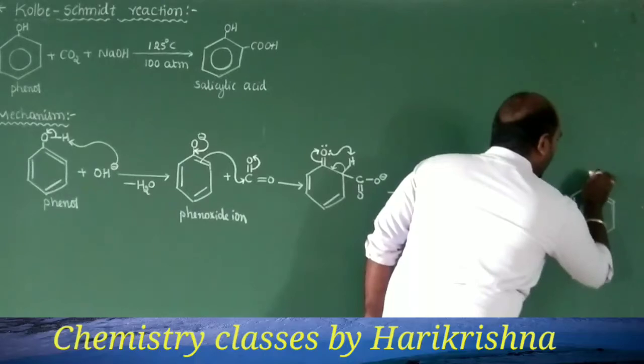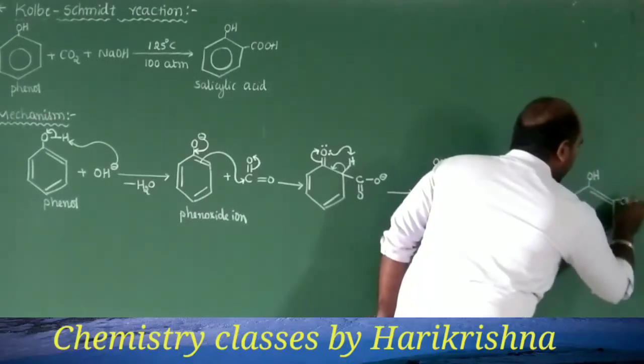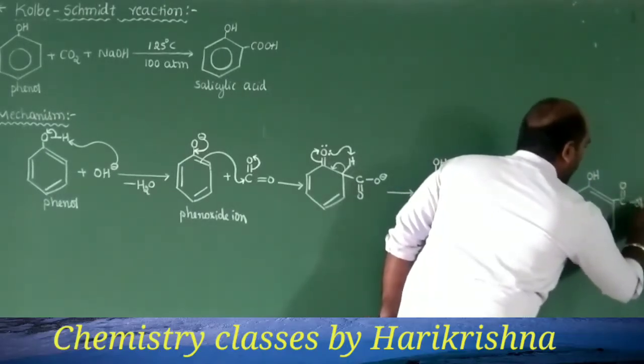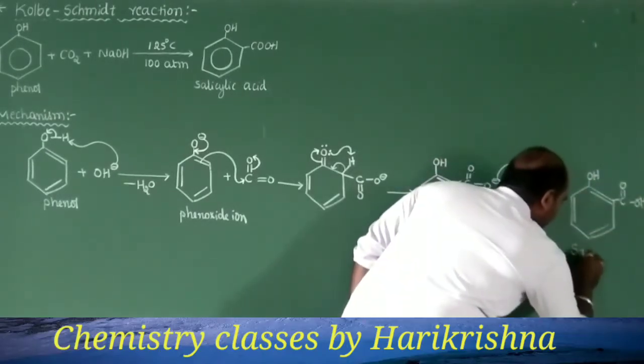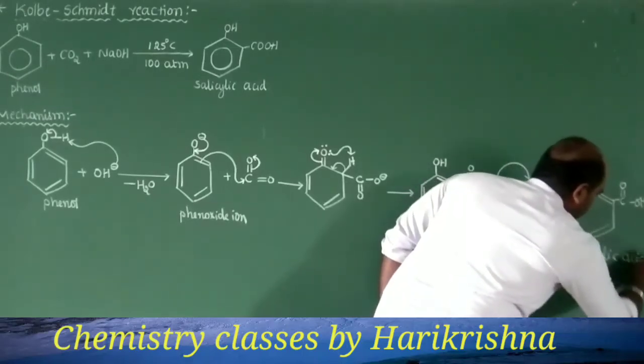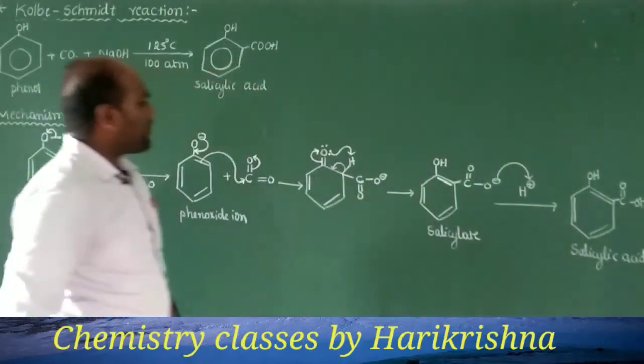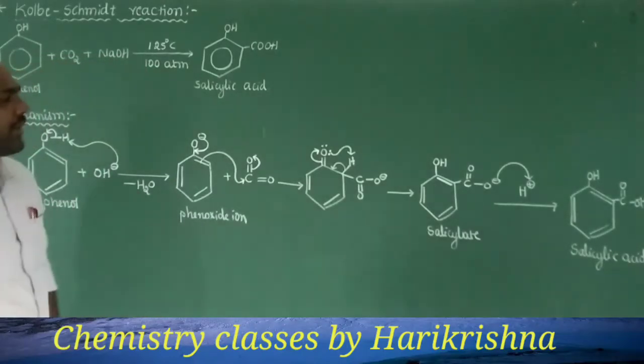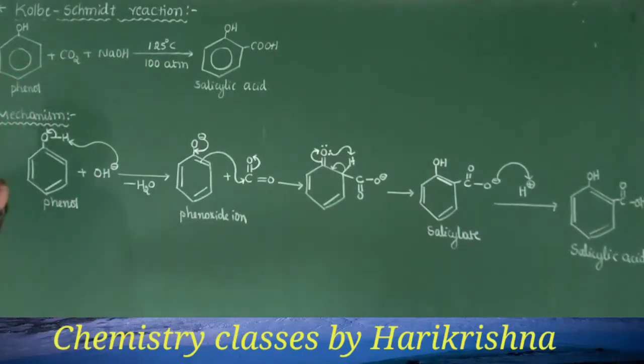OH will be here, and finally we have COOH, which is nothing but salicylic acid. So that is the final product of the Kolbe-Schmidt reaction, starting with phenol.